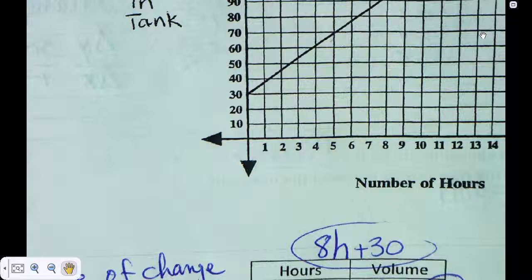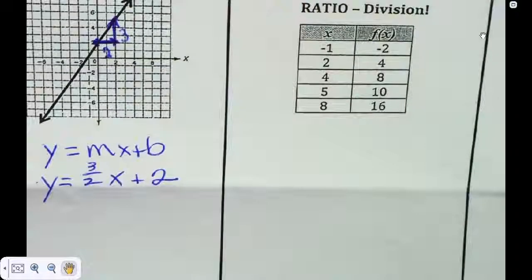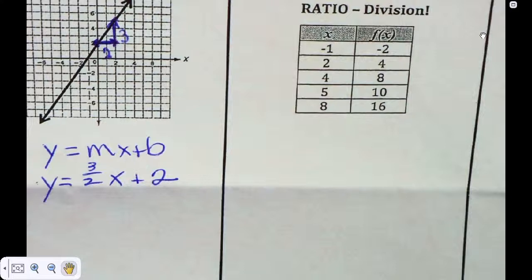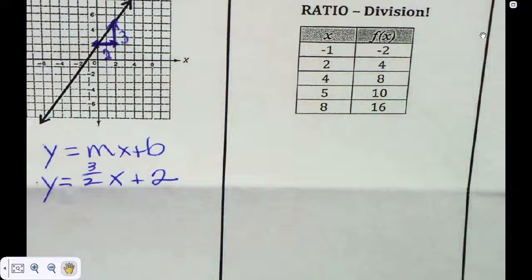It crosses the y-axis at 30. So right here, where does this line cross? At the 2. This line doesn't start anywhere, but it crosses the y-axis at the point 0, 2.